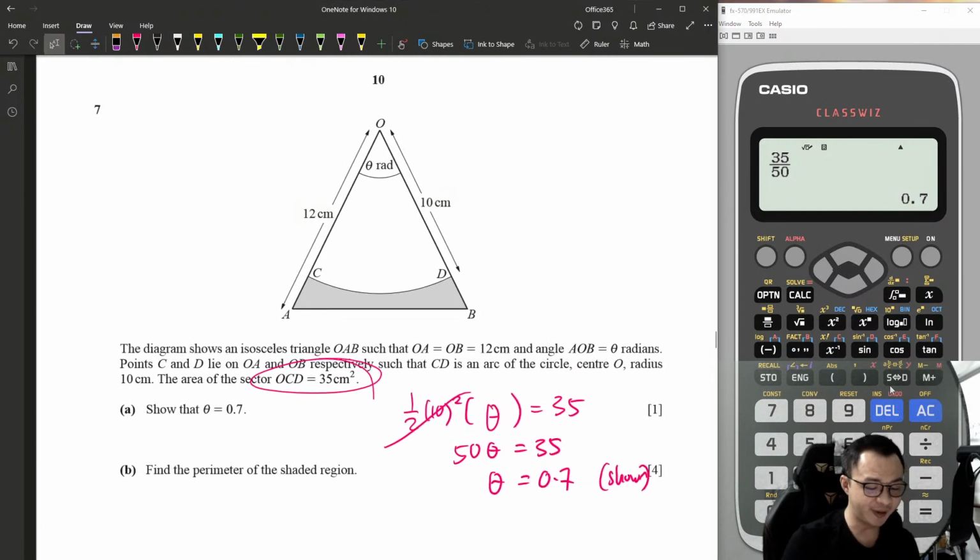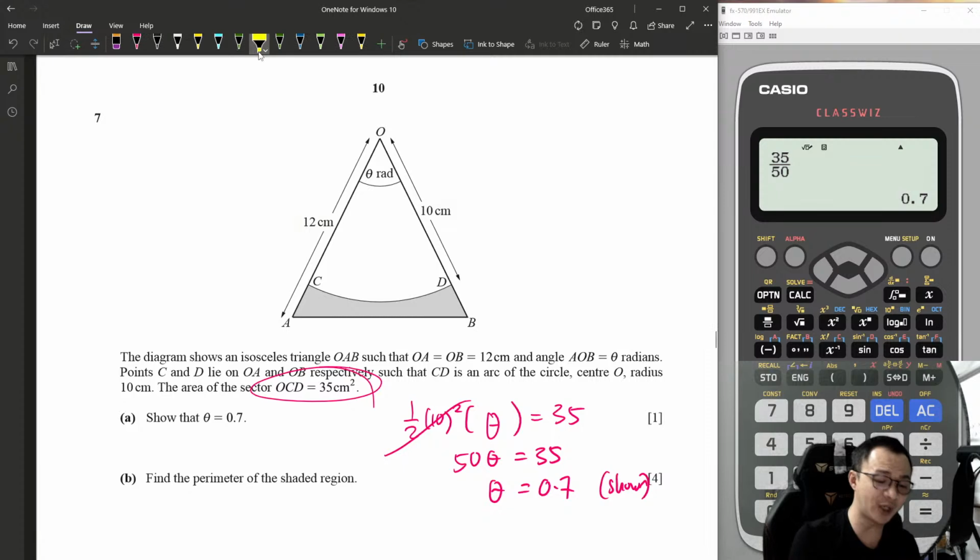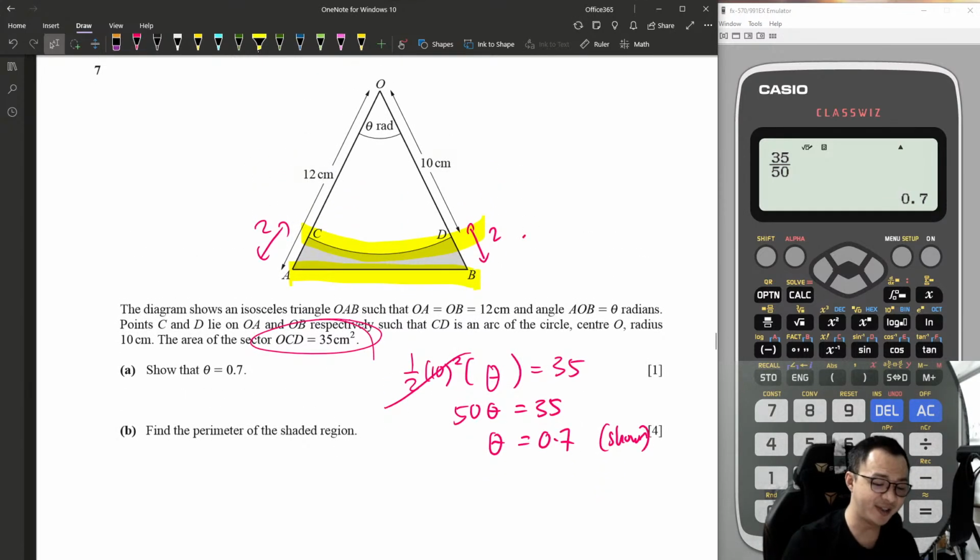Find the perimeter of the shaded region. So for the perimeter, I need to find an arc length here. And then definitely I need to find the length of AB. The side here is 2 centimeter, quite obvious. This is 2, right? So I just need to find CD and AB basically. CD is very easy, arc length, r theta. AB will be the opposite length. Normally I have a formula for AB, which is 2r sine theta over 2.